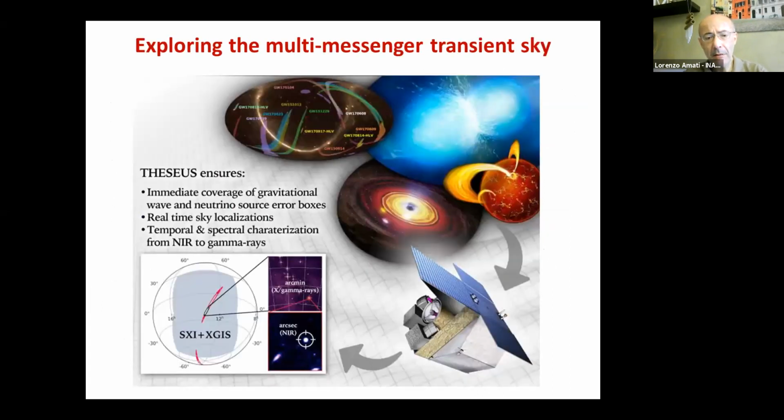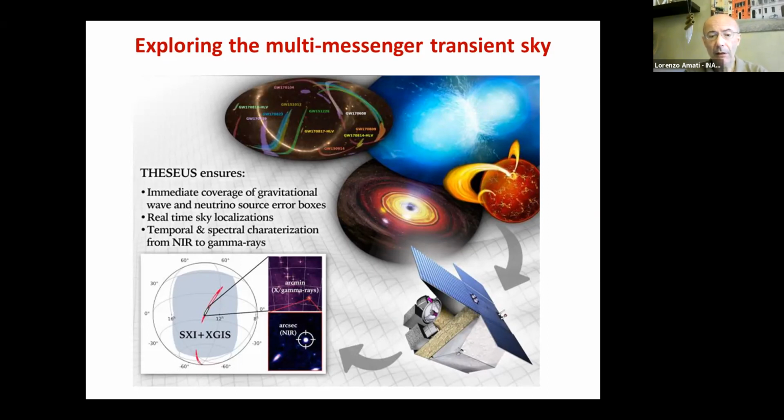At the same time, such a combination of instrumentation and mission profile will allow Theseus or a similar mission to detect, localize, characterize and measure the redshift of most classes of transients in the high energy sky.